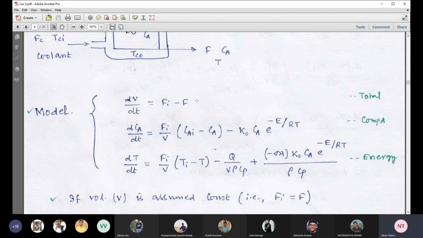Now, if volume is constant, from this total mass balance equation, we get Fi equal to F. If we substitute dV/dt equal to 0, volume constant means dV/dt equal to 0, then this first equation is Fi equal to F. And that is what is written here, Fi equal to F.